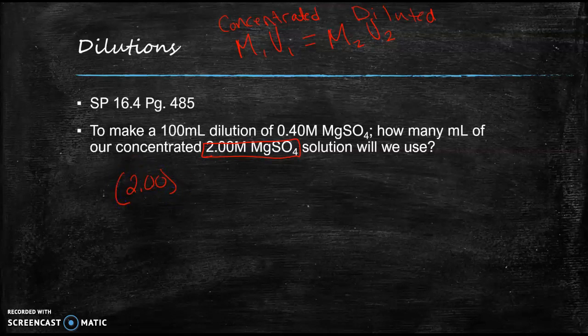Next, we will be plugging in this concentrated solution's volume. However, that's the one we don't know. For this one, you can use a variable such as x. I'm just going to continue using V1.